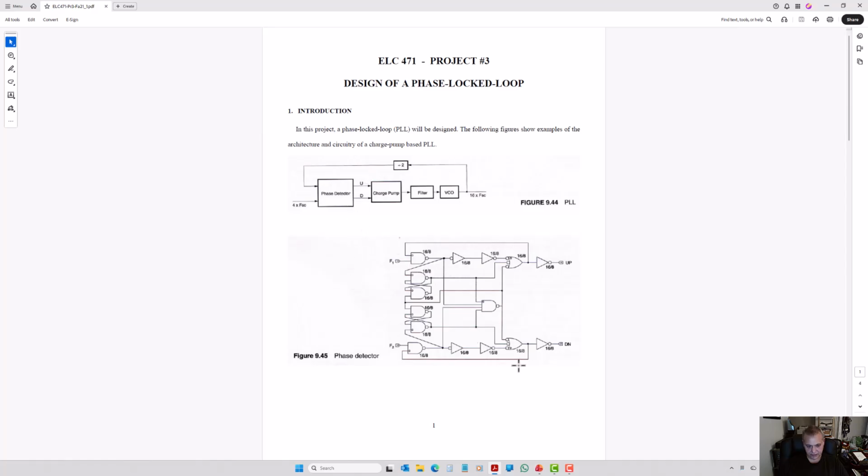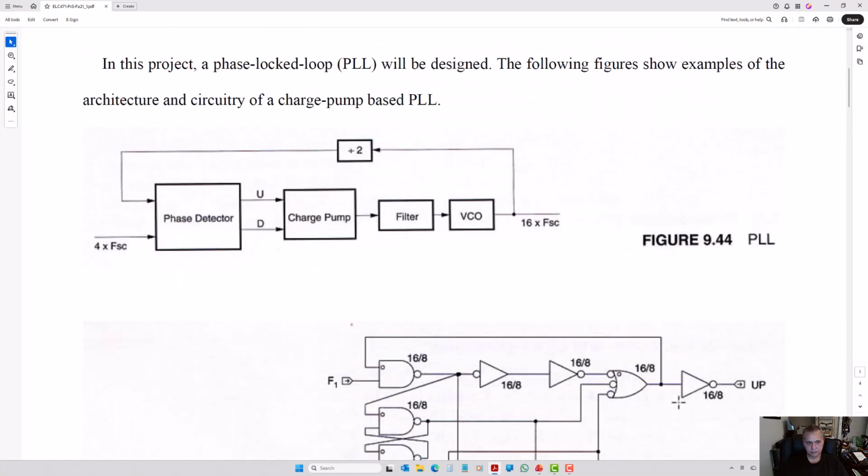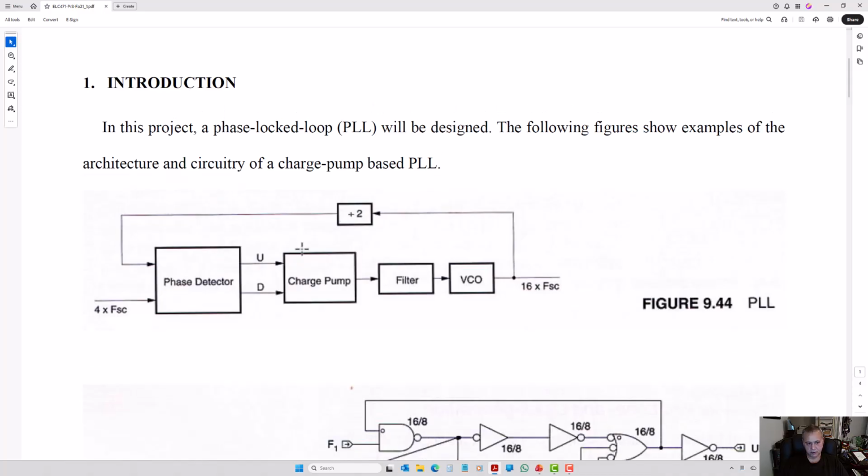So again, we have the phase detector. Important thing is these numbers refer to the, well, actually, let me make this larger. Okay, so we're going to be implementing this phase lock loop or frequency synthesizer.